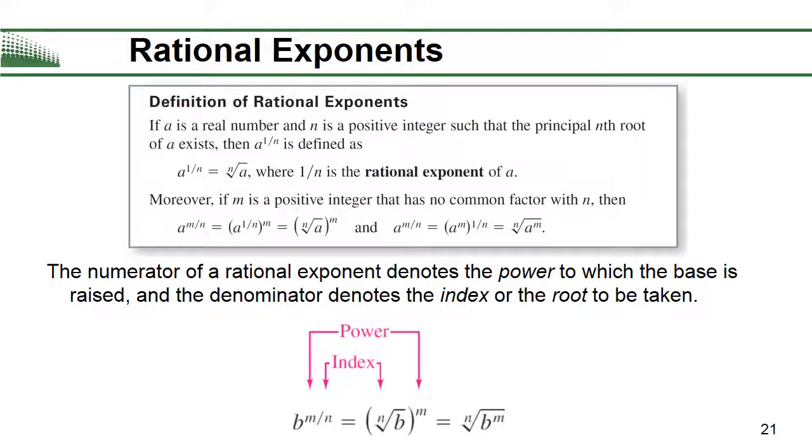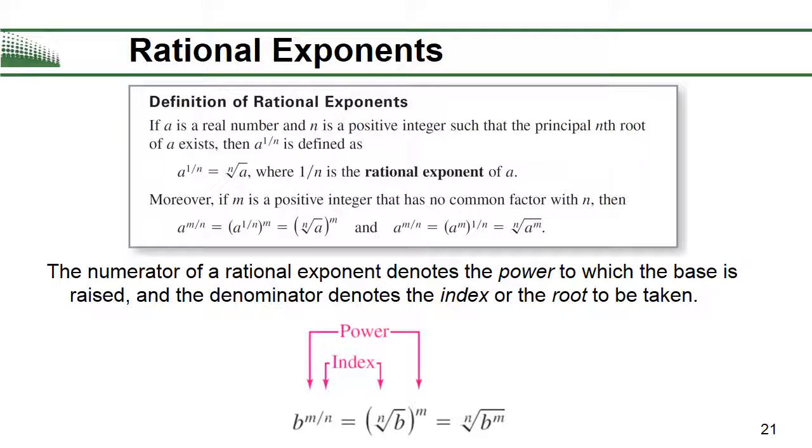Now, we can also look at roots as being actually powers. We can write them as powers. And what they're going to look like is fractions. So, for example, a square root is actually a 1/2 power. A cube root is actually a 1/3 power.